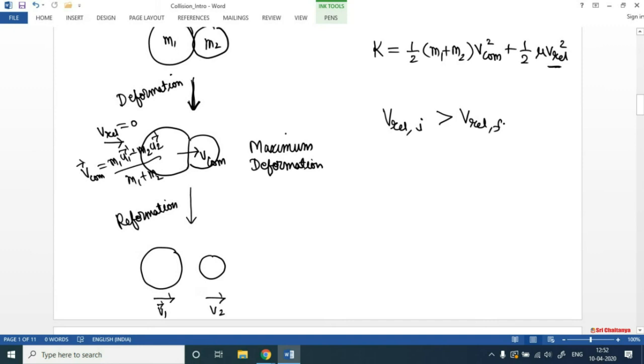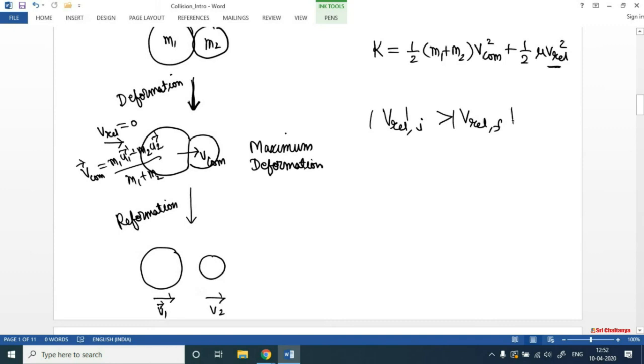This is because whatever energy was converted into potential energy, the same potential energy is not converted into kinetic energy of the colliding bodies after the collision. Here let's use a mod sign.